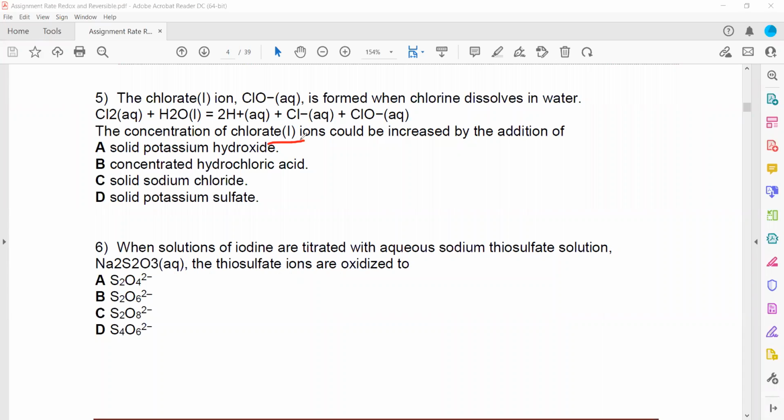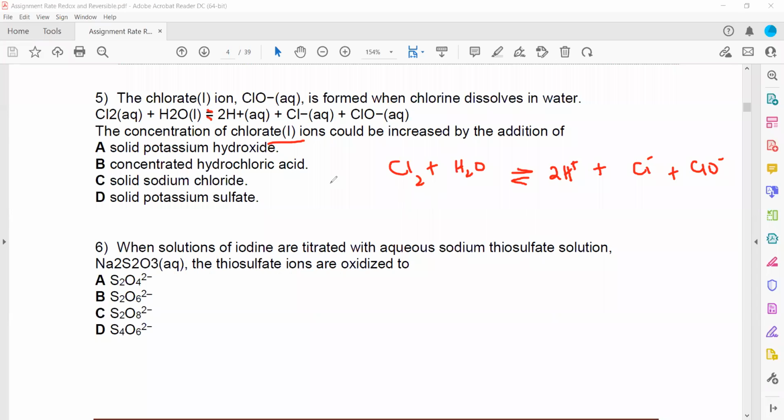The concentration of the chlorate ion could be increased. So basically this arrow means a reversible reaction. We have a chlorine molecule reacting with water, or dissolved in water. As a result, it produces two protons, chloride ions and chlorate ion.